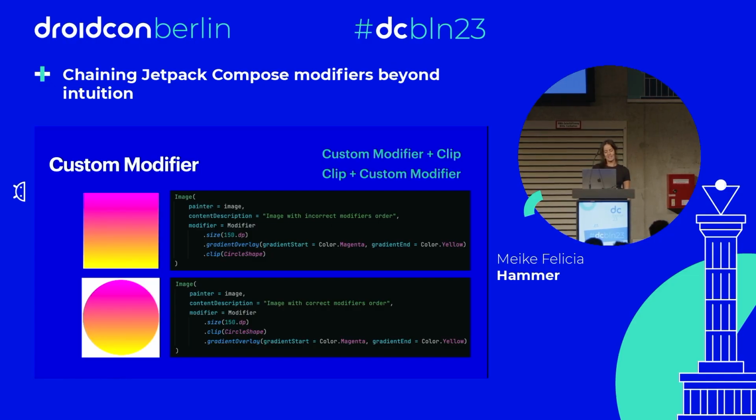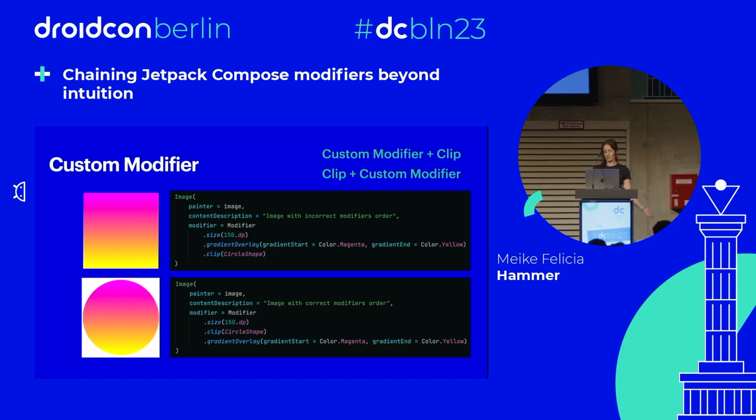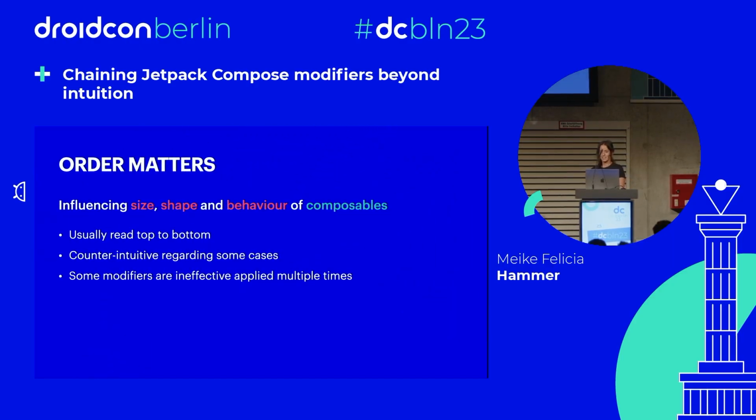In the second example, you can see we clip first, so it applies to all following children, and in that case our gradient overlay comes in, and that's finally how it gets clipped, and we have the result we wanted. So actually, it seems like order matters.